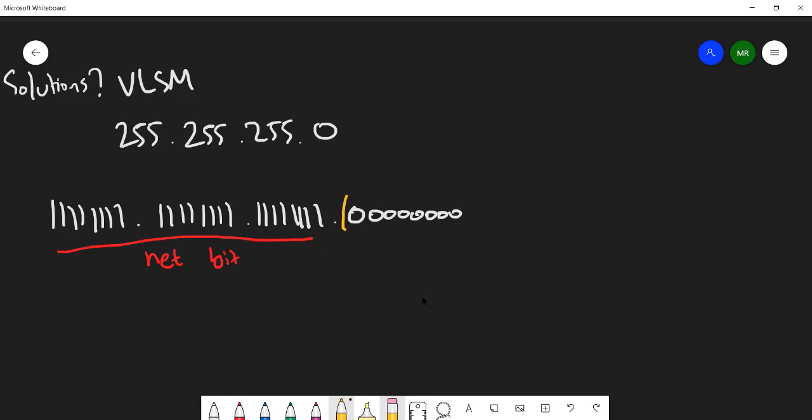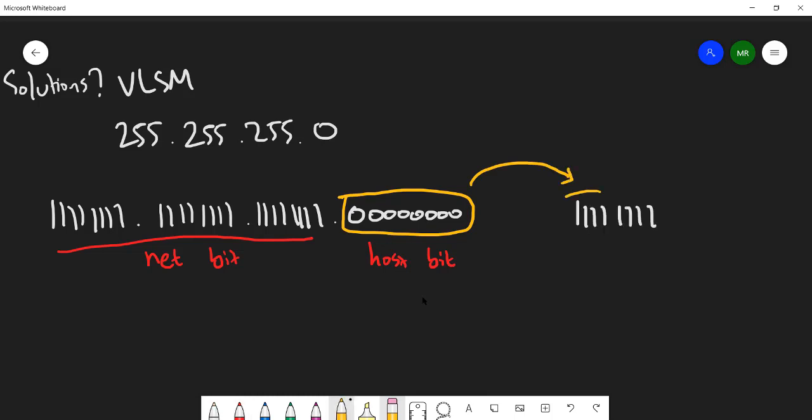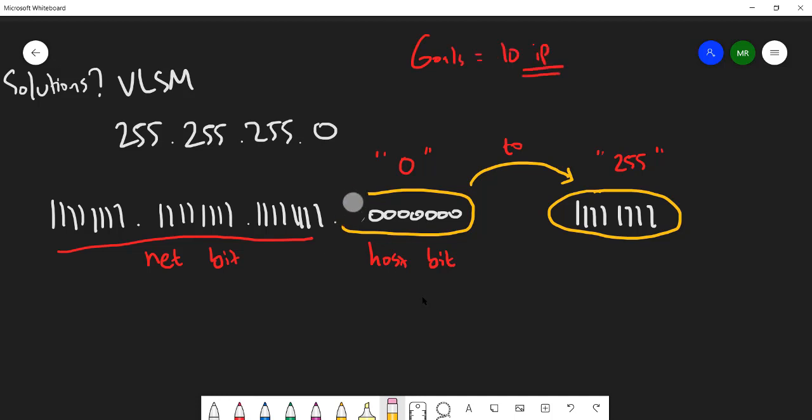From the previous knowledge, we know that a class C subnet mask only has 255 IPs, but that is still too large for a small business. We have a goal of 10 IPs only. The trick is to expand the network bits and make the host bits smaller. So we have a greater network range but a smaller host range.